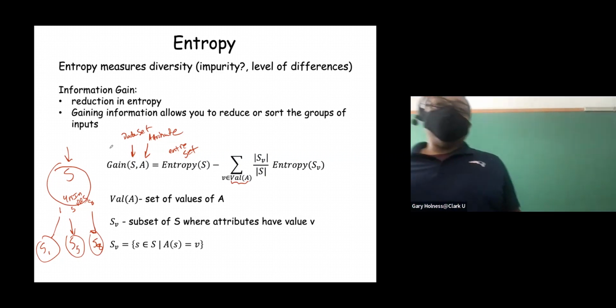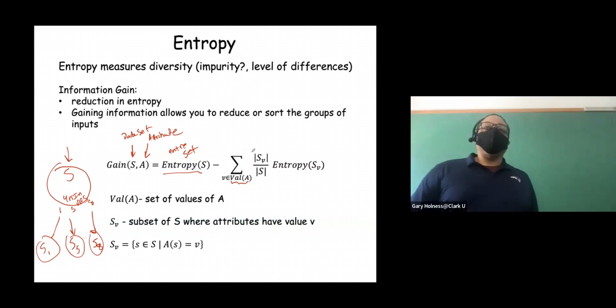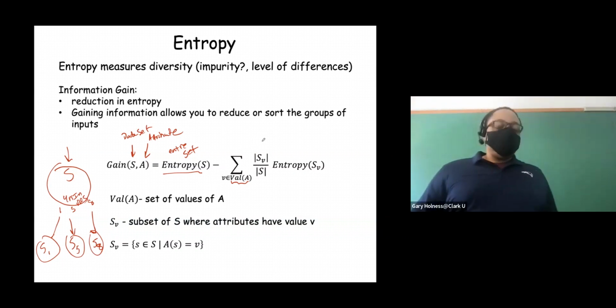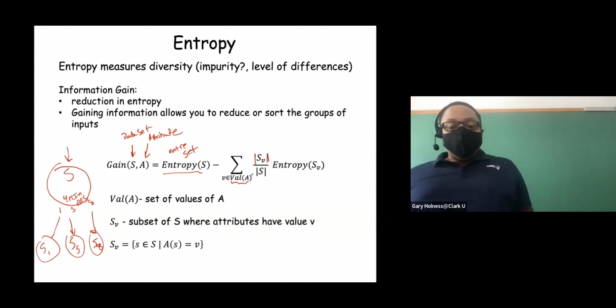So what do we do? We take the entropy in the labels associated with the original data set passed in, and then we subtract from it a different entropy, the expected entropy based on the splits that are possible for this particular attribute. And so here we take the size of that subset, S sub V, and we divide that by the size of the original set, S, and then that's our probability of having a subset S_V, right?